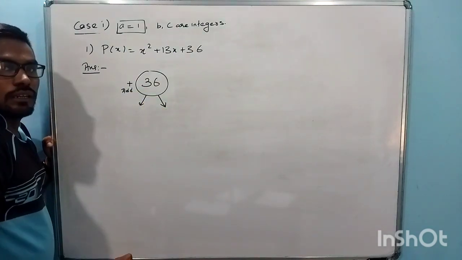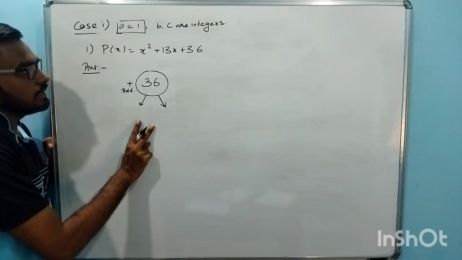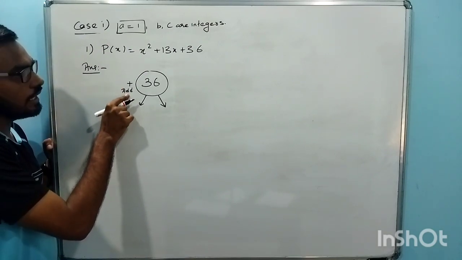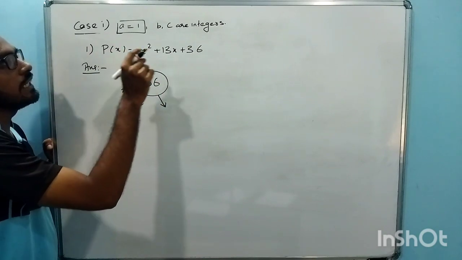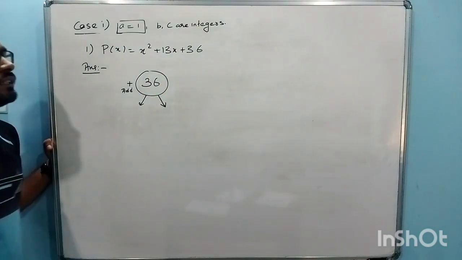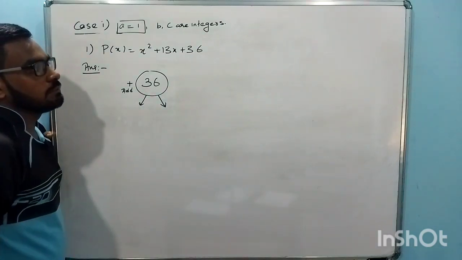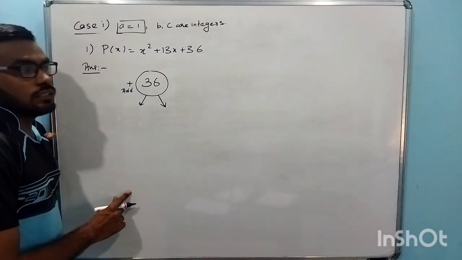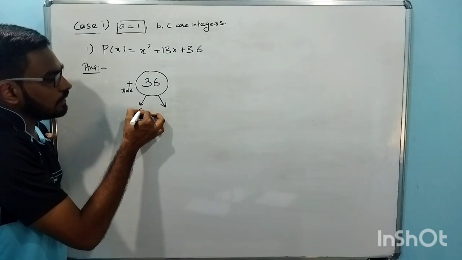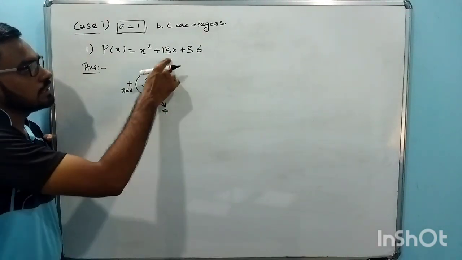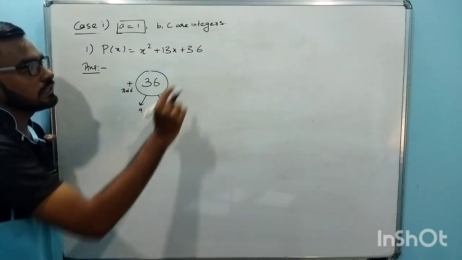Now we have to find two numbers such that if we add them we get 13, and if we multiply them we get 36. The effort is only in finding these two numbers. So the two numbers are 9 and 4, because 9 plus 4 is 13 and 9 into 4 is 36.